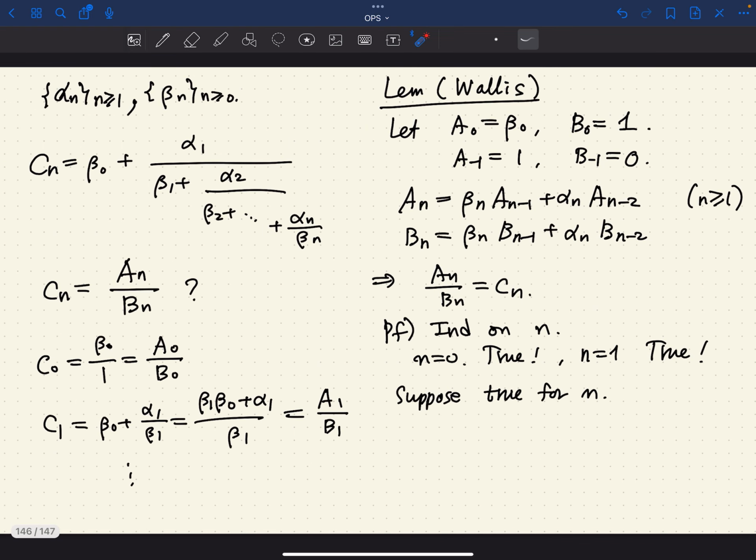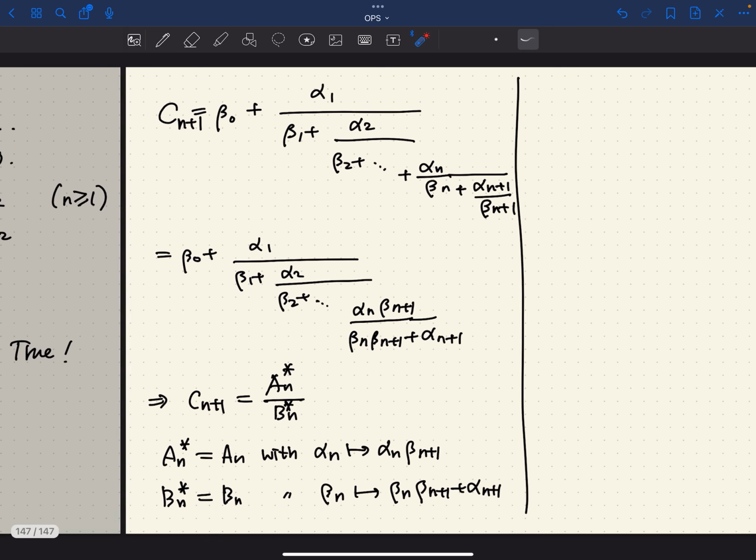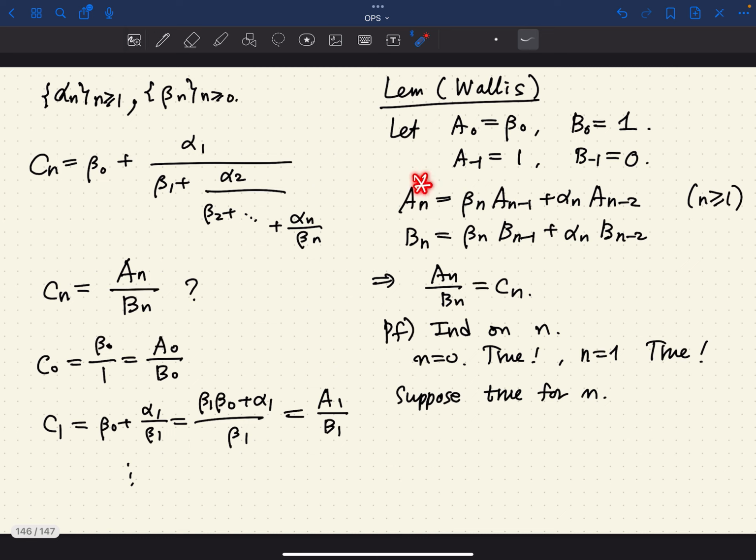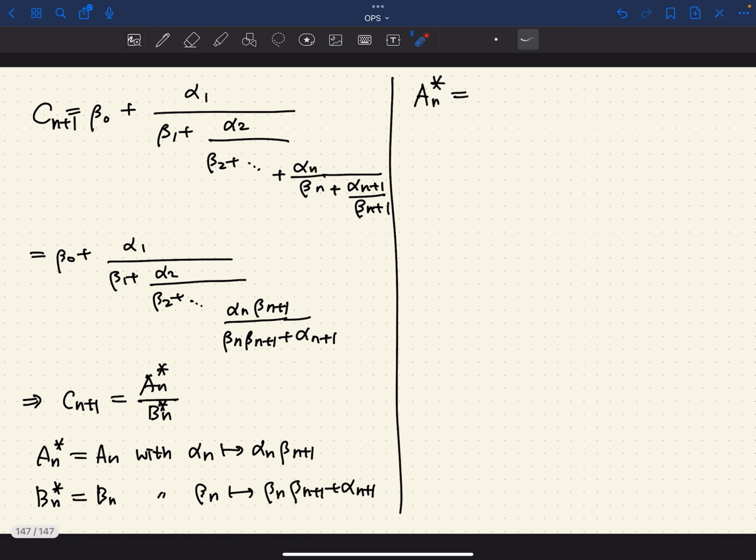We need to show this. Because of the modification, we also modify here using the substitutions there, and then we get a formula like this. Let's just look at the A_n stuff only, because B_n has the exact same recurrence, so it's enough to check this.